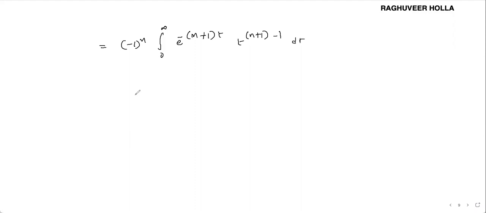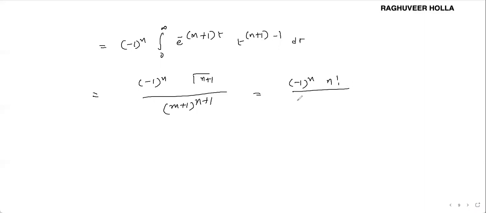Now, which is equal to minus 1 to the power of n, gamma (n plus 1) divided by (m plus 1) to the power of (n plus 1), which is equal to minus 1 to the power of n into n factorial divided by (m plus 1) to the power of (n plus 1). Okay, so hence we have proved it. Yeah, thank you.